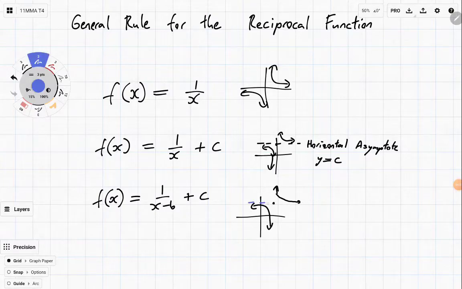We have the horizontal and the vertical asymptotes both having moved, where the horizontal asymptote is now going to be y equals c, just like before, but the vertical asymptote is going to be x equals b, for we've shifted the whole thing across b units, which means that the intersection, this point here, is b comma c, the intersection of the two asymptotes. So we call this one the vertical asymptote.